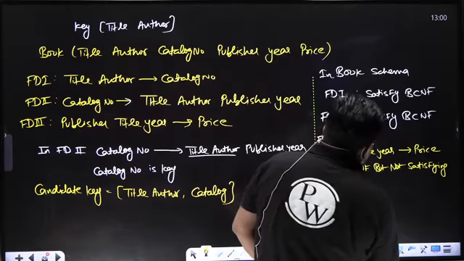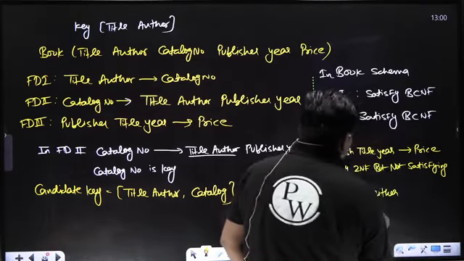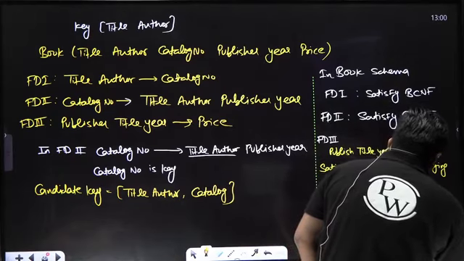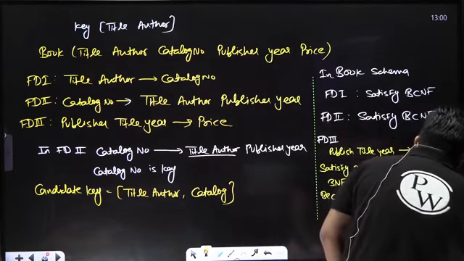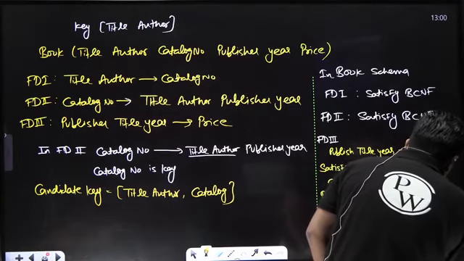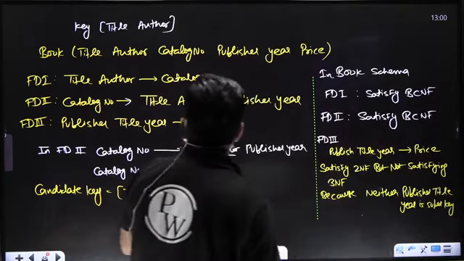Because neither publisher, title, year is a super key, because the super key is what?